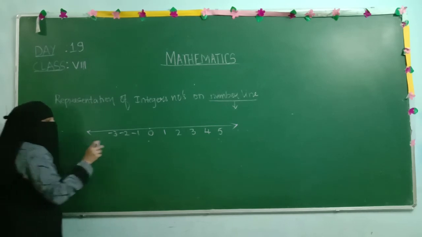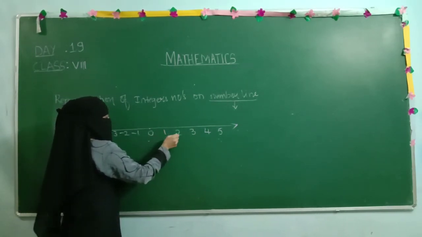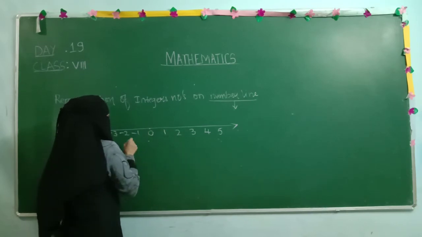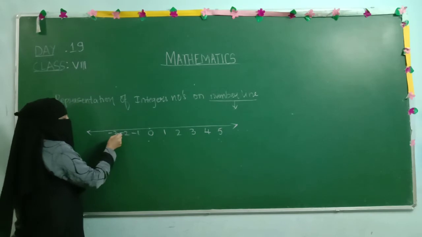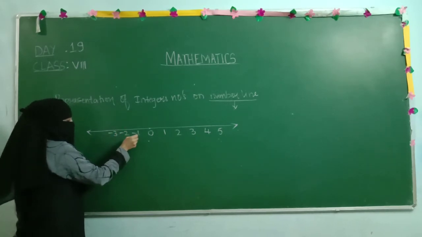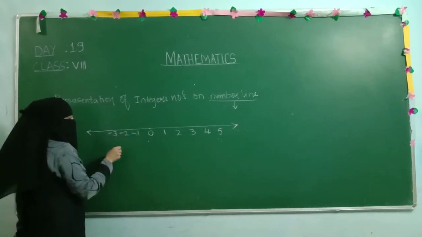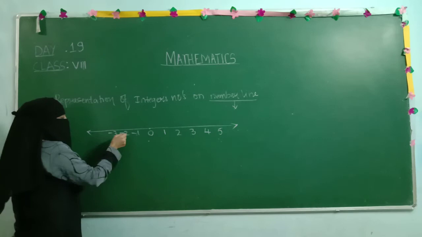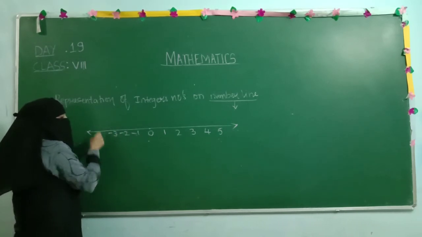Okay, when we are comparing these numbers, 2 is greater than 1, but what is happening on the left hand side of 0? The numbers are decreasing. We can't say -2 is greater than -1. -2 is lesser than -1. It means -1 is greater. 1 is greater compared to -2, and -2 is greater compared to -3.